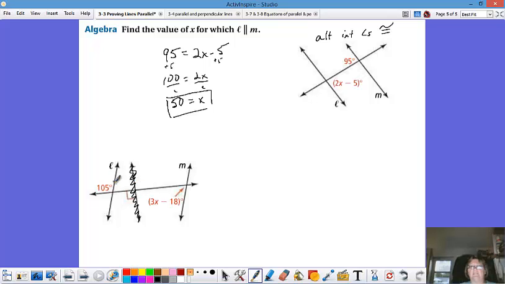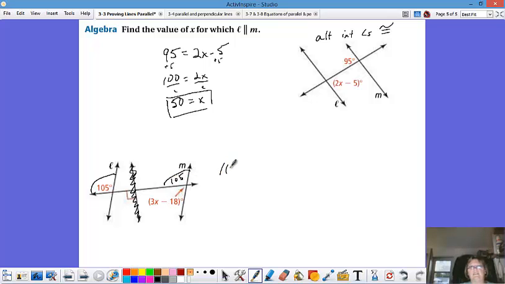However, there are things that we can do to help us solve this problem. If these lines are to be parallel, then this angle and this will have to be the same, right? Because they are corresponding angles. So let's just go ahead and set this up. We want this one to be 105, and together those two have to make a linear pair.